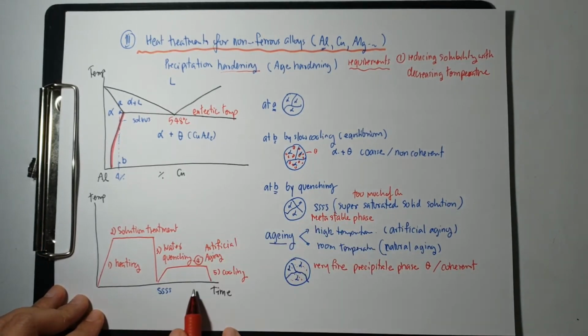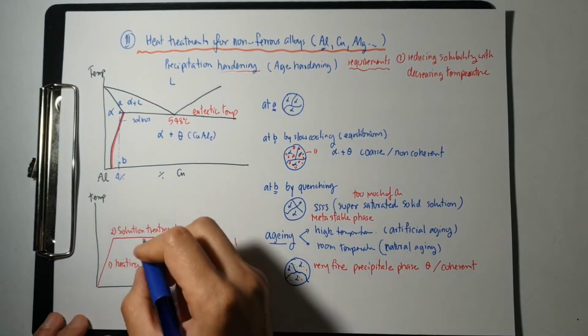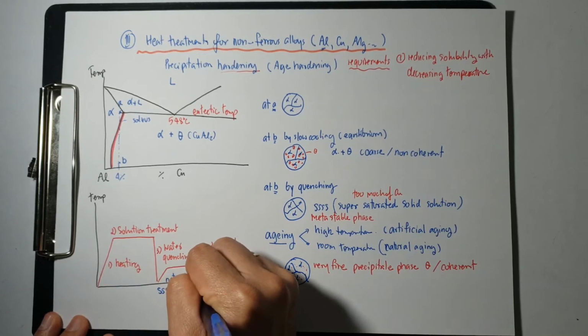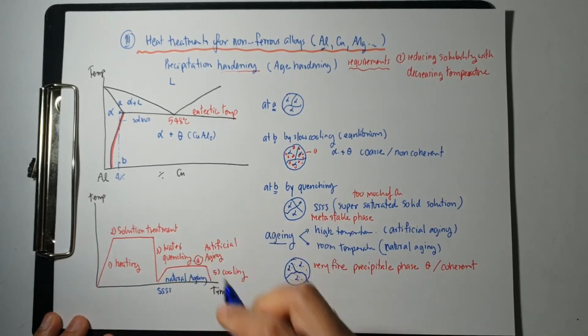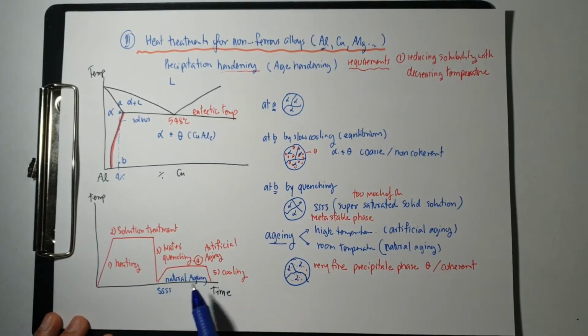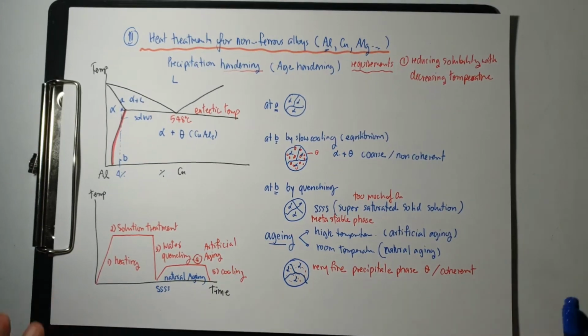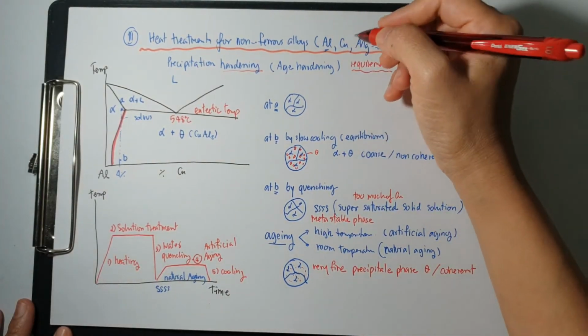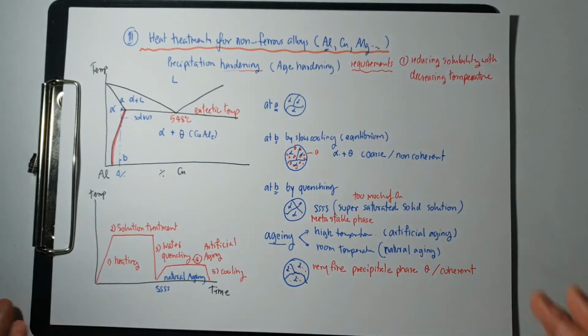If we do it at room temperature, so we apply the natural aging, and that will need more time to obtain the hardness. Okay, so this is the heat treatment for non-ferrous alloys, either aluminum, copper, or magnesium alloys.